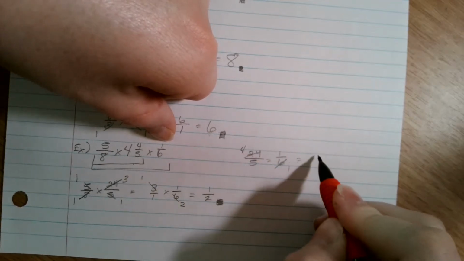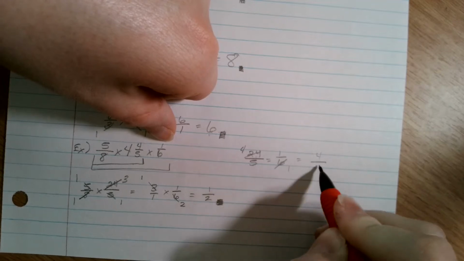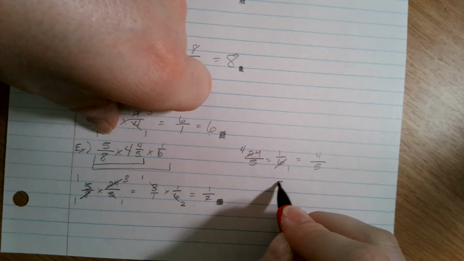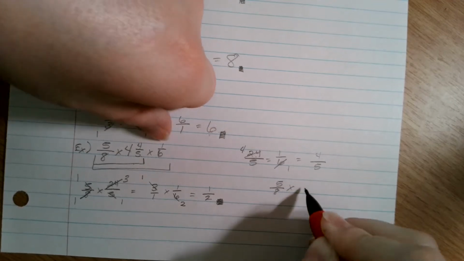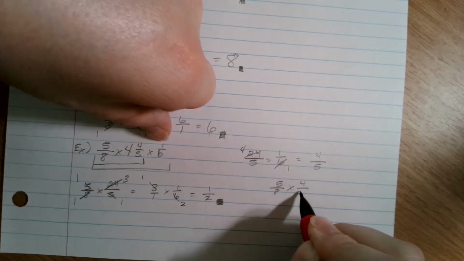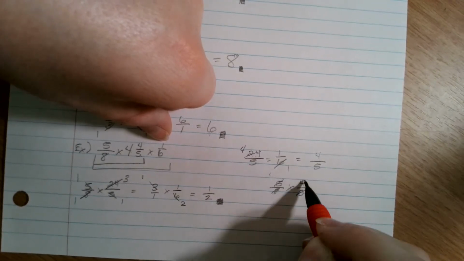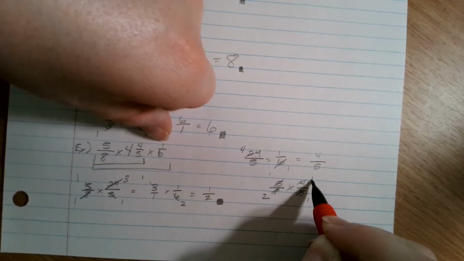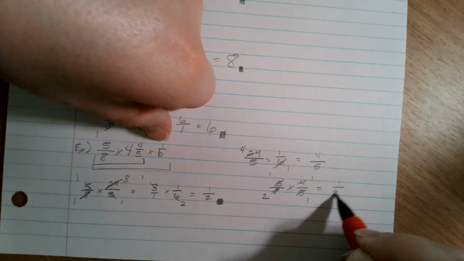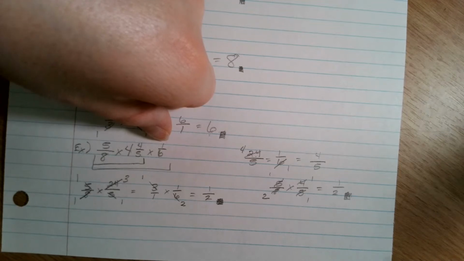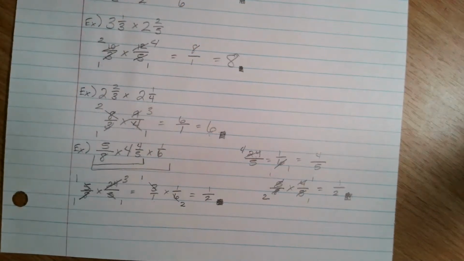So 4 and 1 is 4, and 5 and 1 is 5. So then we have that 5/8 times the 4/5, where 5 and 5 is 1, and 4 can fit into 8 twice, and 4 once, leaving us with that 1/2. Easy peasy. See, it's not so bad.